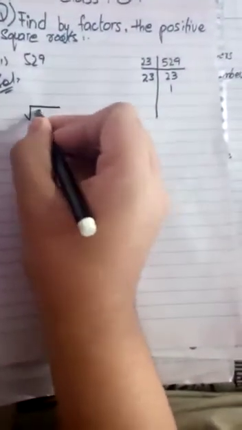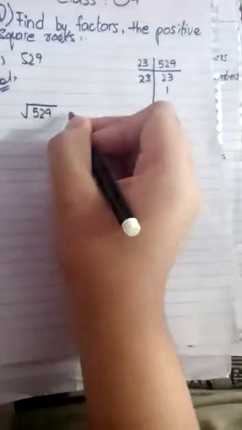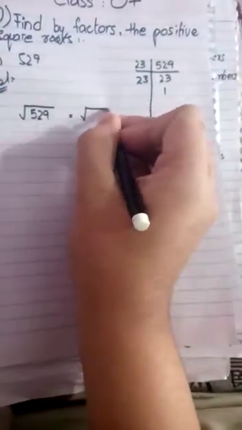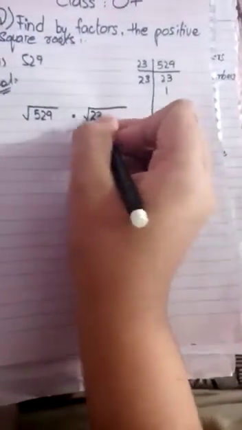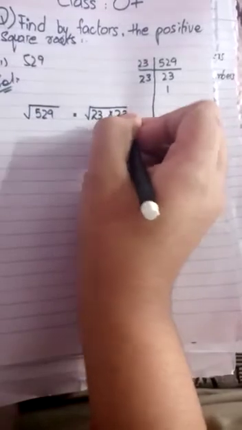So firstly we write the value of 529 in the square root, as 23 multiply 23.